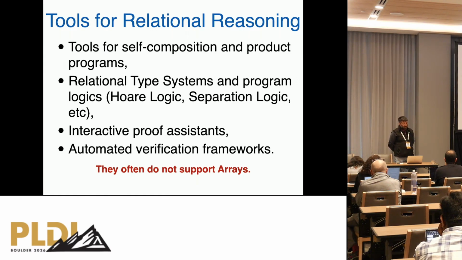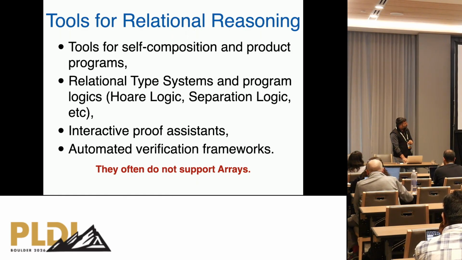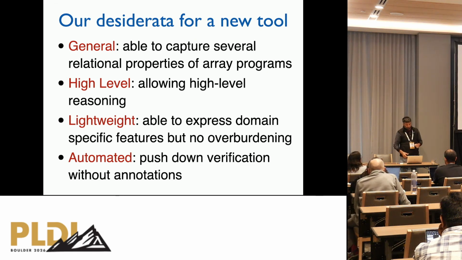many of these tools target languages that are functional, and concerning this workshop, they don't really support arrays in general. Of course, this is not always the case, but most of them do not support arrays. And so this is what we would like to do. We want to reason about relational properties, but for programs including arrays, and we have some desiderata.